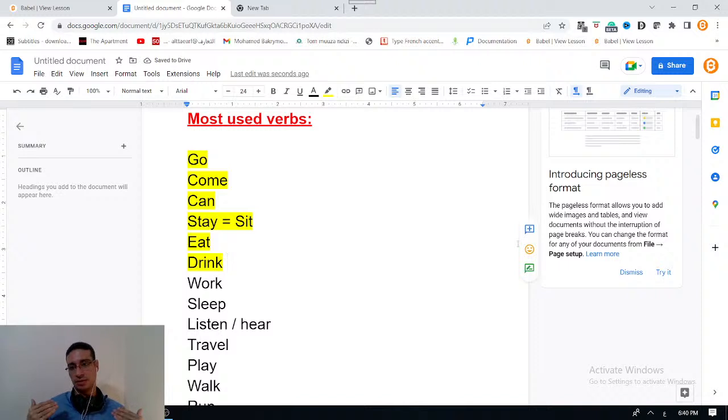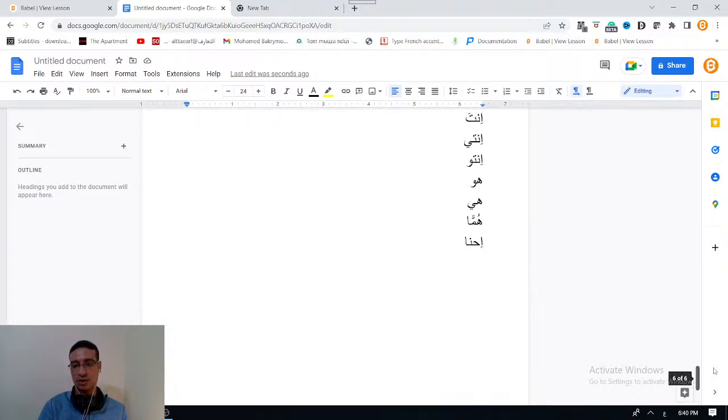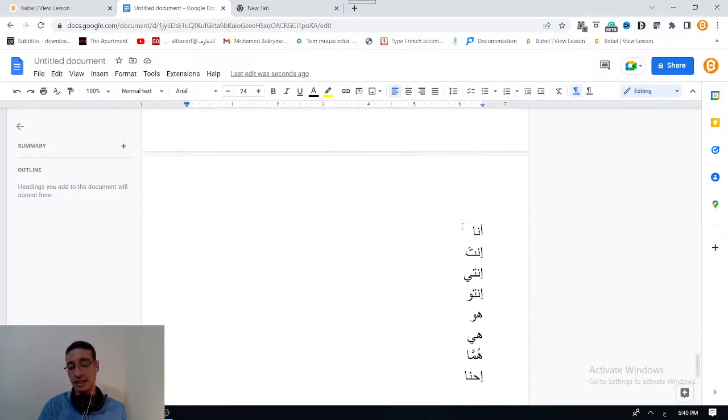I know that the verbs are not very easy, but we are just trying to conjugate them again and again, so that you get used to the verb conjugation, and through the next lessons, when we go through all these verbs, you will be more familiar with the most used verbs in Egyptian Arabic, and this will help you speak a little bit more and form sentences.